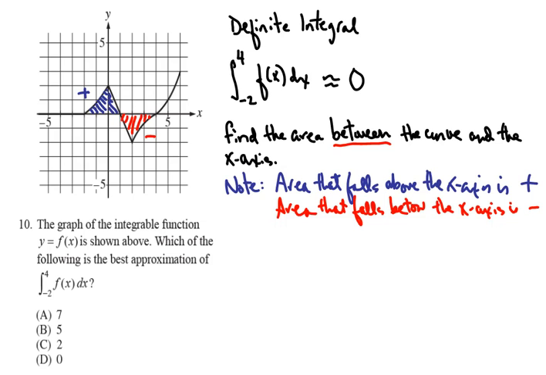All you have to know is that area between the curve and the x-axis that's above the x-axis is positive, and between the curve and the x-axis that's below the x-axis will be negative. And so basically you're just going to add the two together and see what's left over from that.